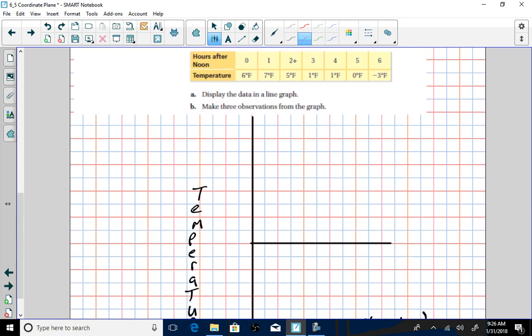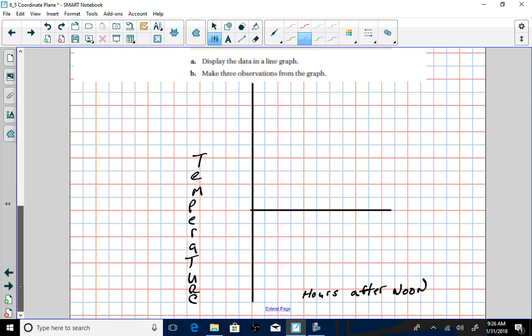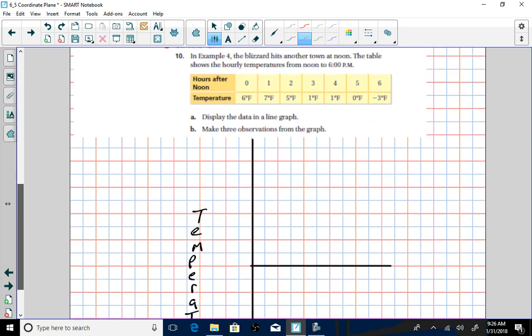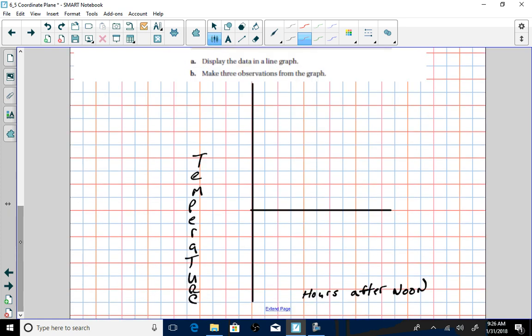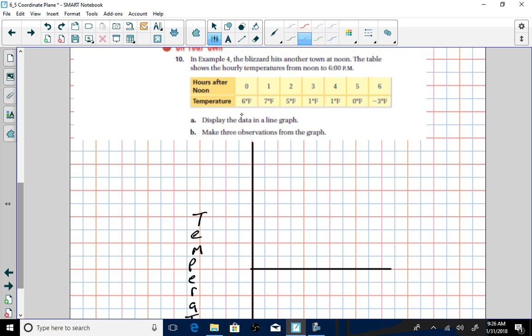and along the horizontal axis are going to be my hours afternoon. So here's my horizontal axis, right? They're going to be my hours afternoon. Along the vertical axis are going to be the temperatures. So the first ordered pair is going to be 0, 6. So where's 0, 6? Here's 0. 1, 2, 3, 4, 5, 6. Here's 0, 6.